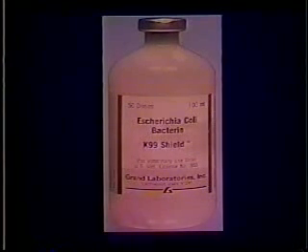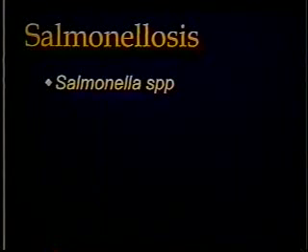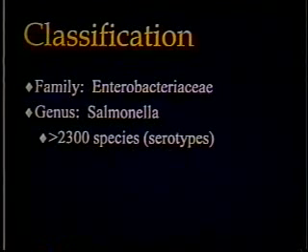Salmonellosis, also a member of the Enterobacteriaceae, and there are a huge number of species, over 2,300 species in this genus that are largely typed on the basis of agglutination tests on the isolate using specific antibodies that have been developed in another host.